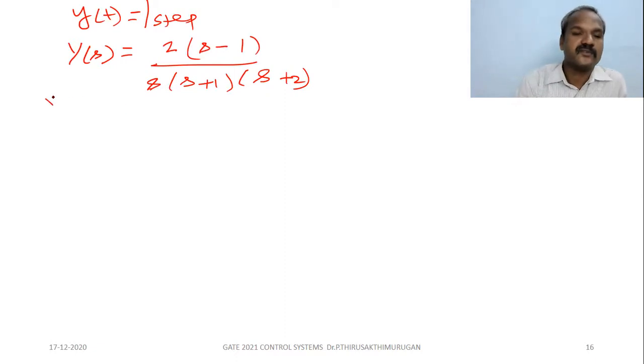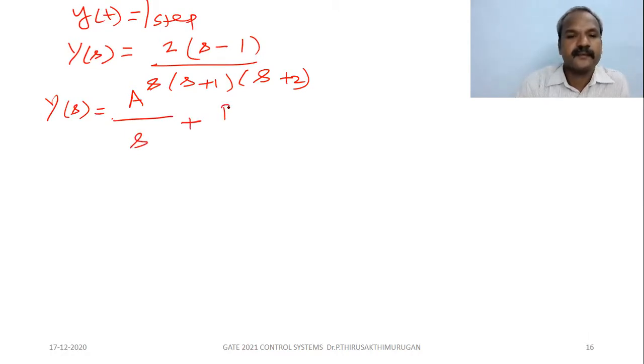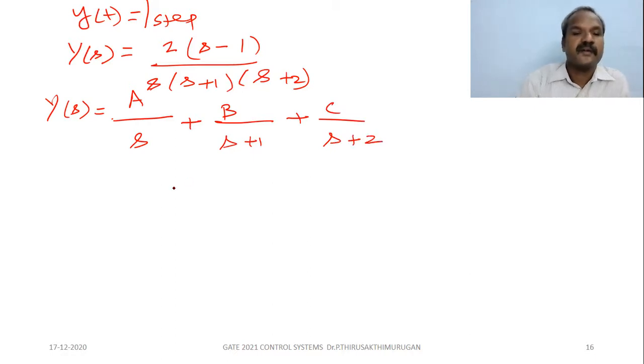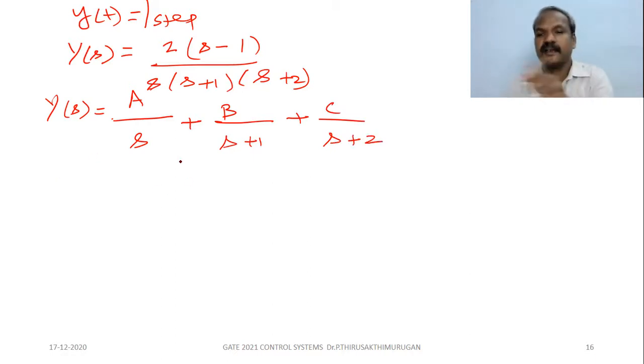Now, as usual, let us use the partial fraction method: A by s plus B by (s plus 1) plus C by (s plus 2). Do the steps of the partial fraction method.